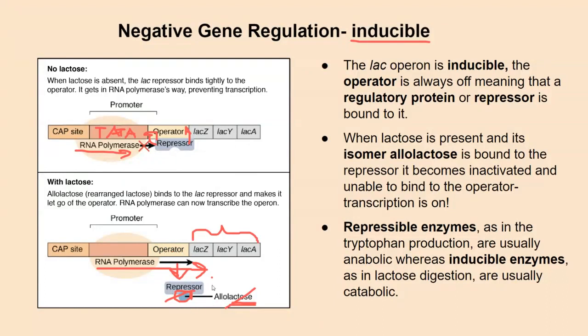So this is a perfect loop that will only produce lactase when there is lactose or the sugar available to be broken down.